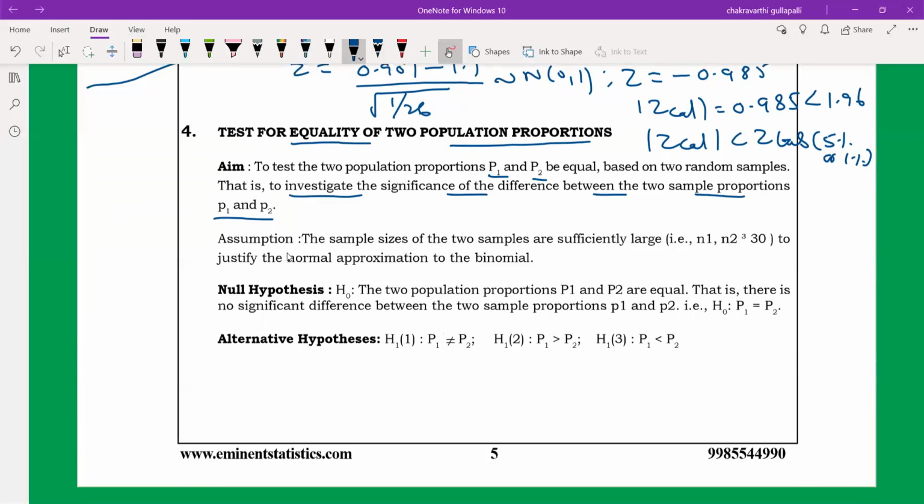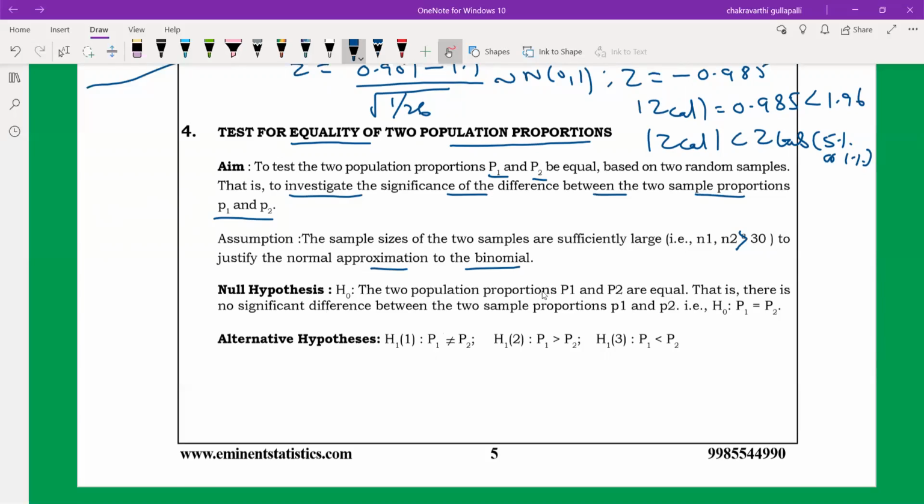Assumption: the sample sizes n1, n2 are greater than 30, to justify the normal approximation to the binomial.